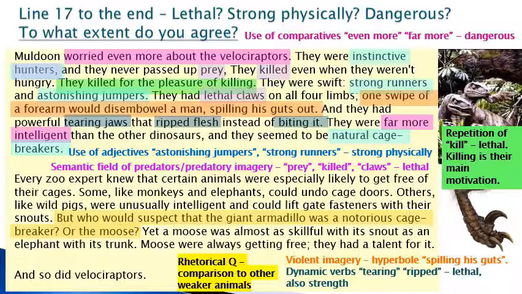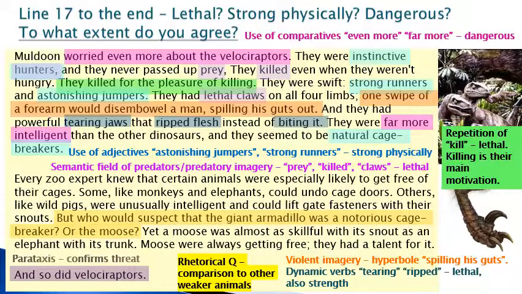Imagine the chaos and the turmoil if one of these was to get free. So that emphasizes the danger through that rhetorical question. I know it's not directly about the velociraptors, but it does help us to talk about the idea of them being dangerous through that comparison to other animals that aren't typical predators.